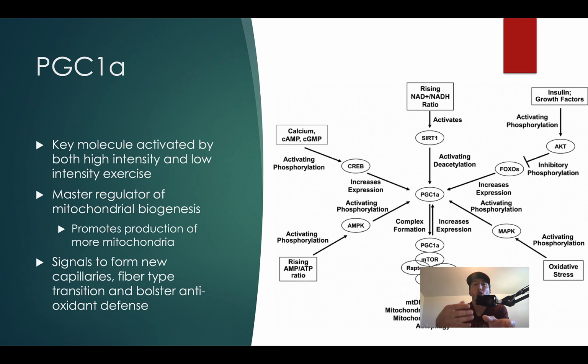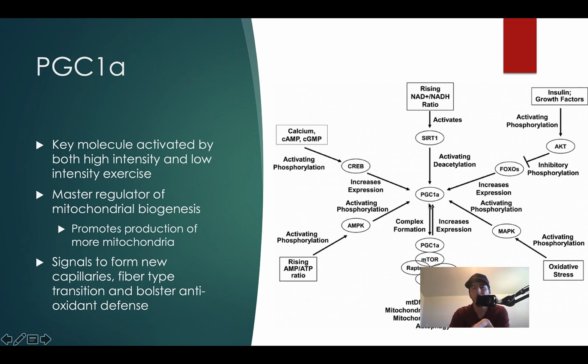PGC1 alpha is also going to be responsible for signaling to form new capillaries, transition towards type 1 fiber types, and actually start handling antioxidants a little bit better. So when it comes to endurance activity, we want to maximize PGC1 alpha. And you can see changes in NADH ratios are going to play a key role in PGC1 alpha.